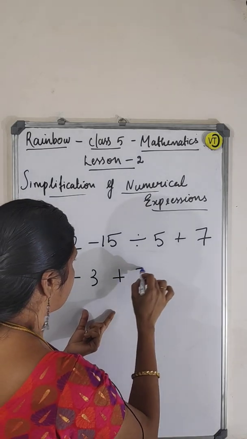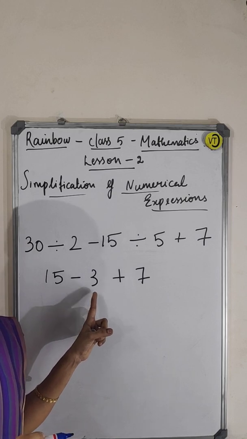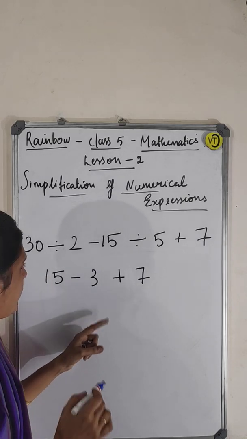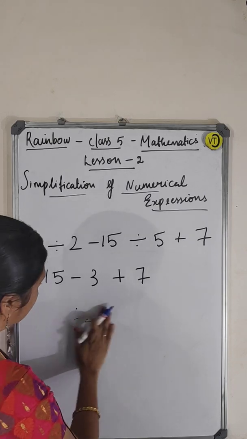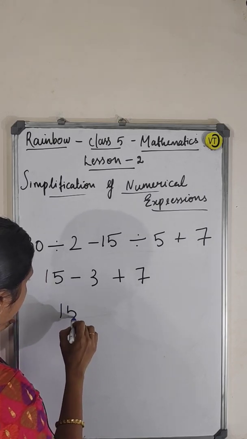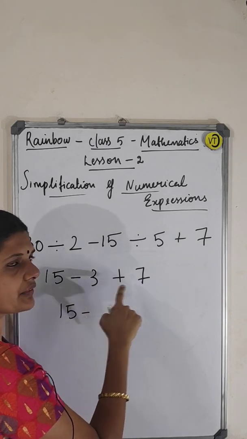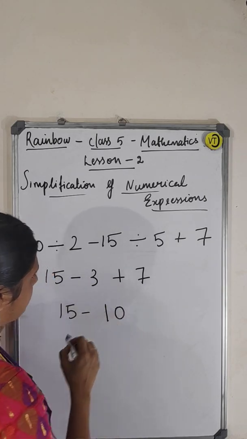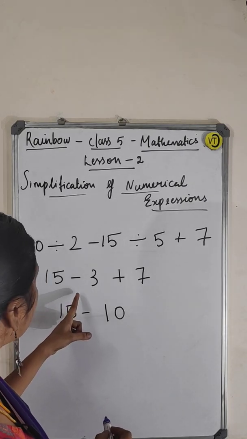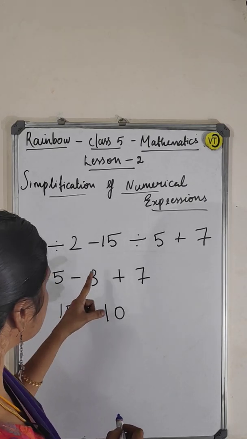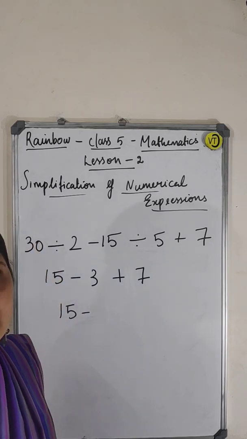Then plus 7. 15 minus 3 is 12. Sorry, first of all, you can do addition, that is also fine, but anyway, I don't want to confuse. 3 plus 7 is 10. But here you are not supposed to write 10, that is a problem.